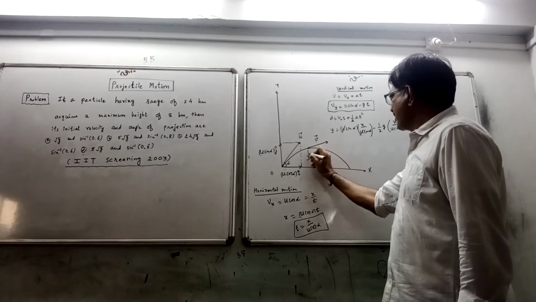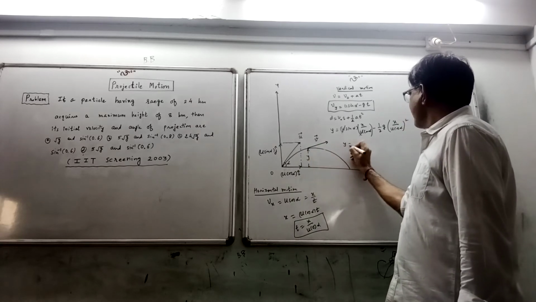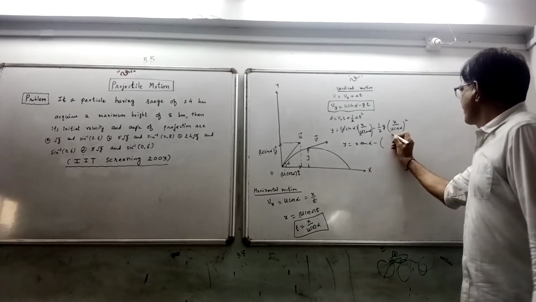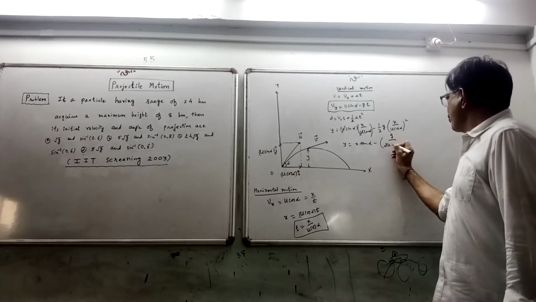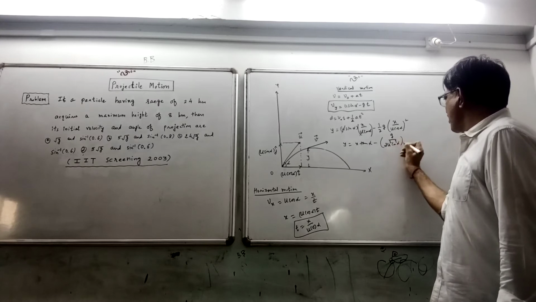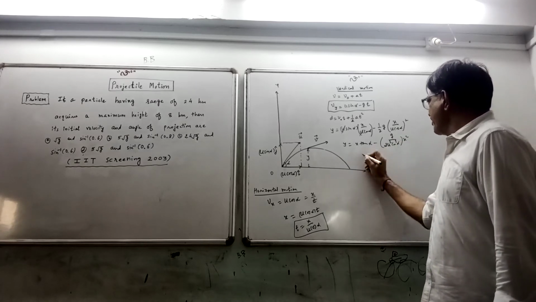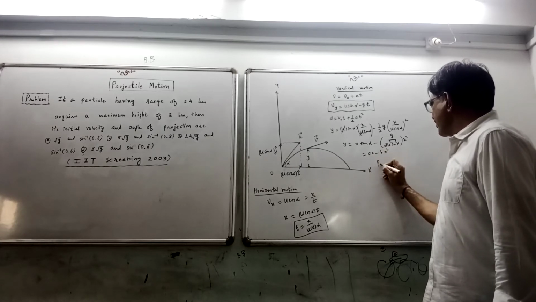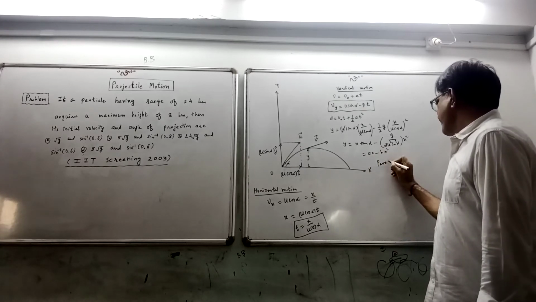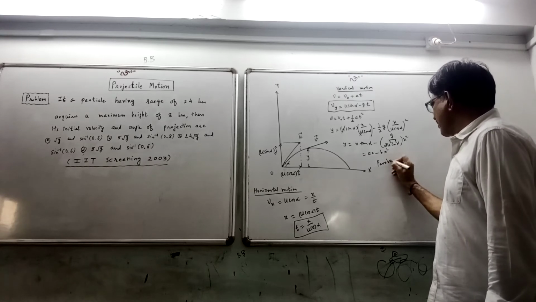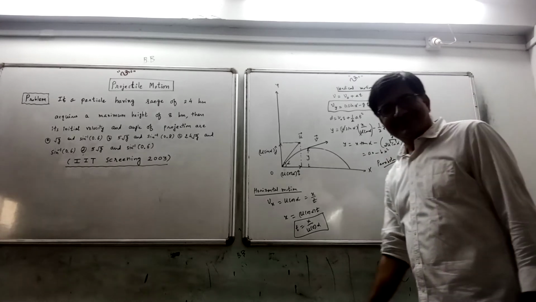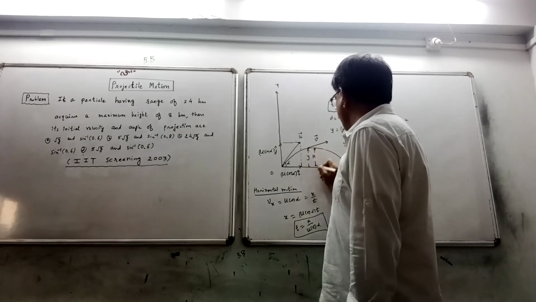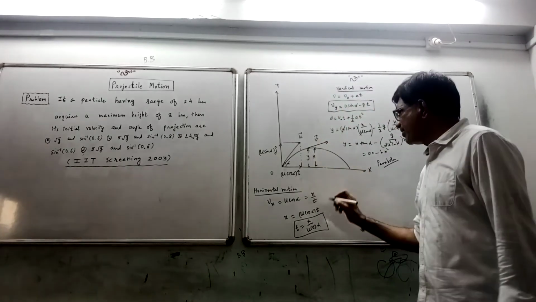Then y will be equal to x tan alpha minus g upon 2u square cos square alpha x square. This is in the form of ax minus bx square, so it indicates that the path is a parabola. Now this is called the maximum height. The time taken to reach there is called Tm.